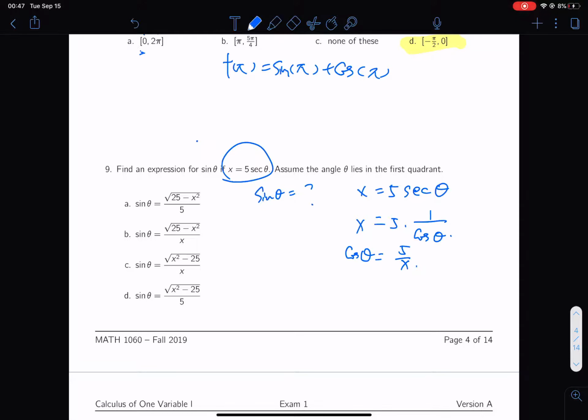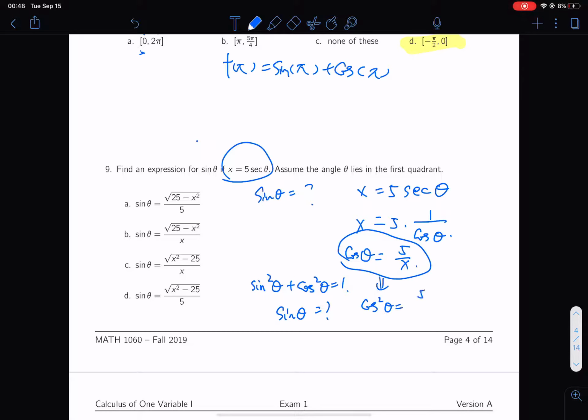So we know sine squared of theta plus cosine squared of theta is 1. The question is, what is the sine of theta if we know cosine of theta is 5 over x? Cosine squared of theta is 5 squared, which is 25 divided by x squared.